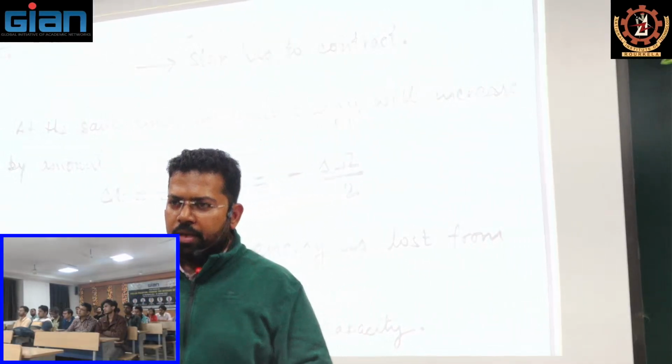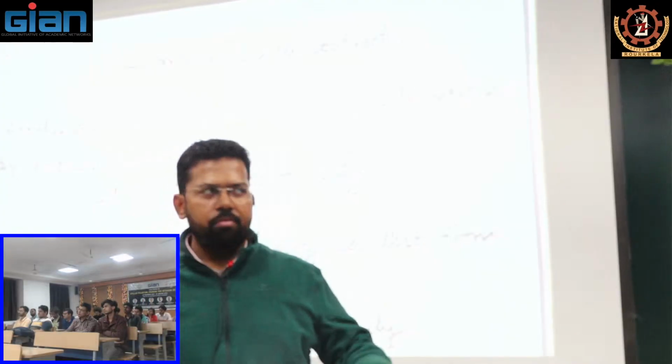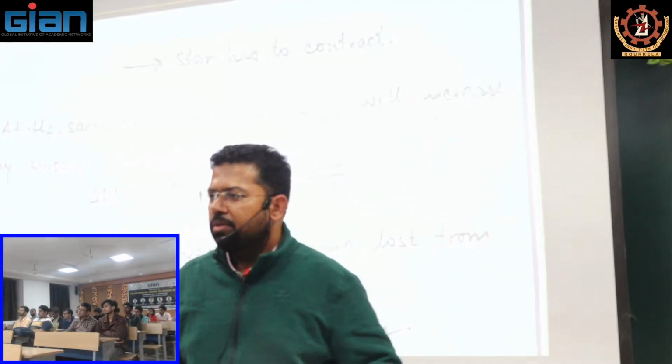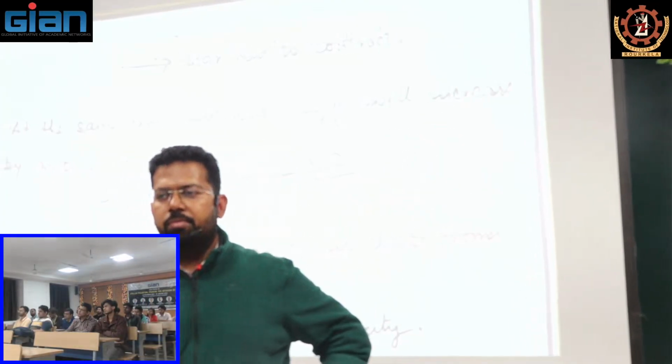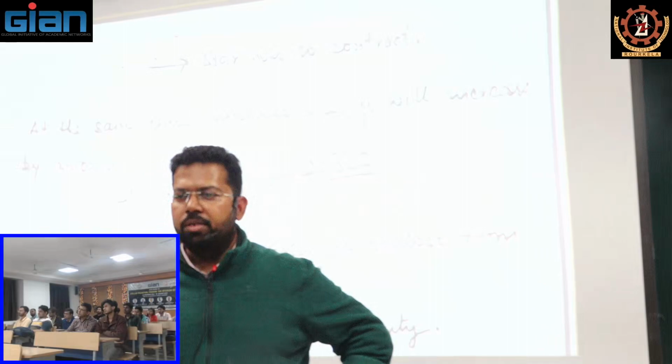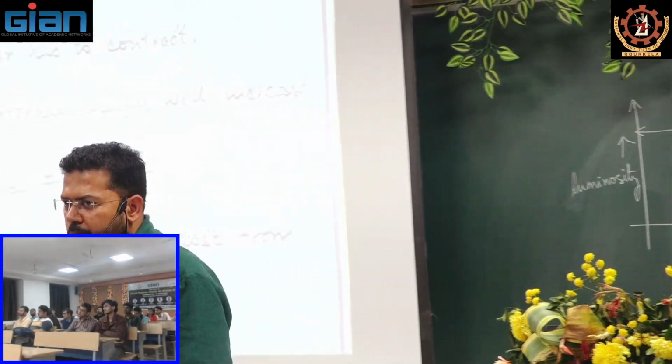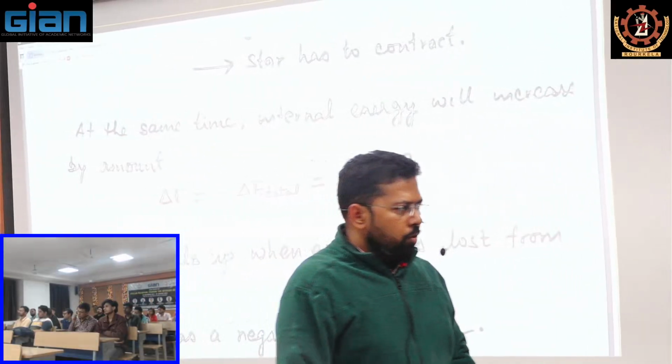And once you know the distances, you can also find out what will be the flux if you're designing a detector or a telescope. You can also think about that.